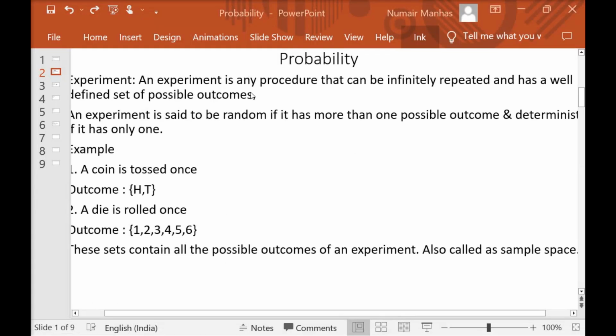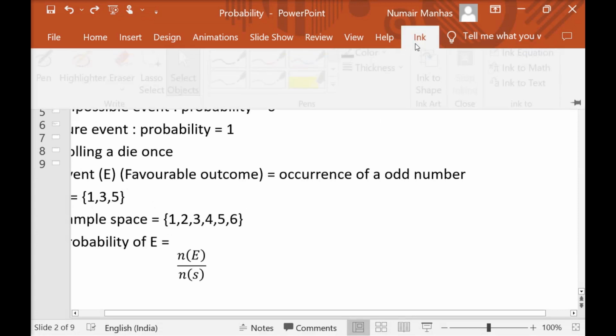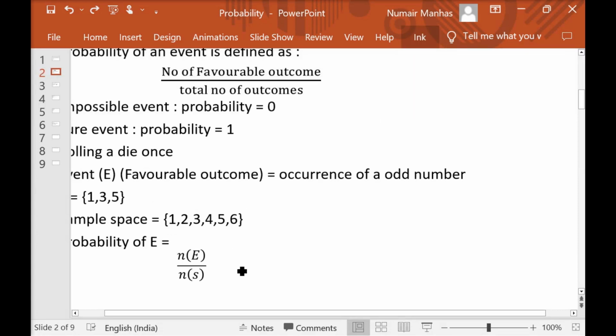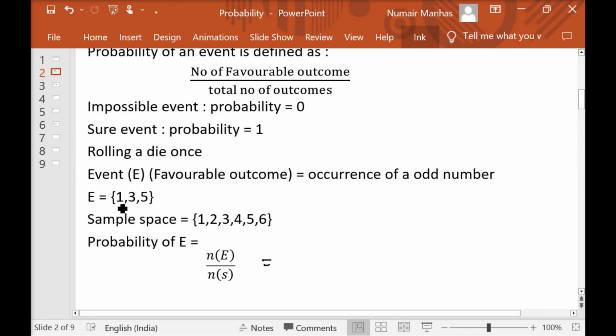So here we can write it as, the probability will become: for our favorable outcome, we are getting 3 favorable outcomes or 3 odd numbers divided by the total number of outcomes, that is 6. Therefore the probability for this event will be 1 by 2.